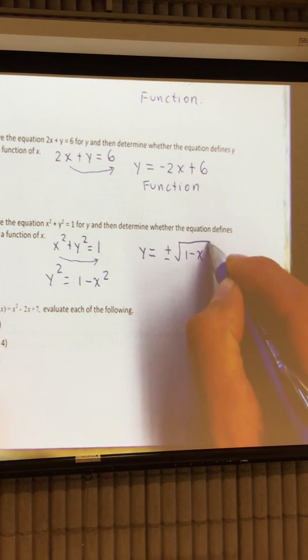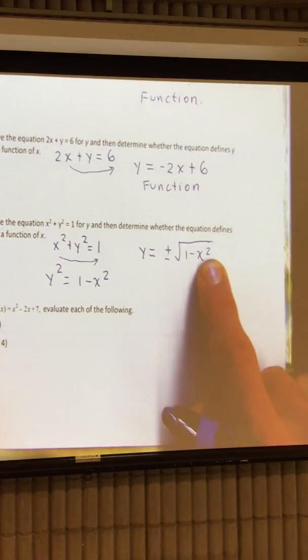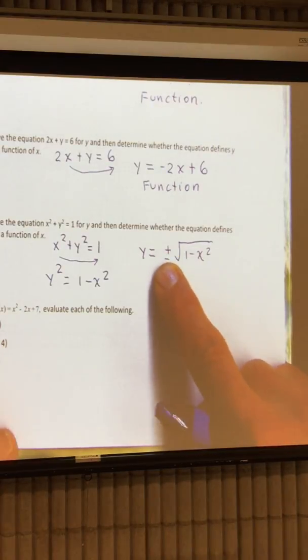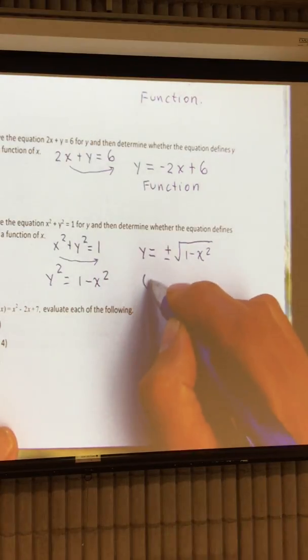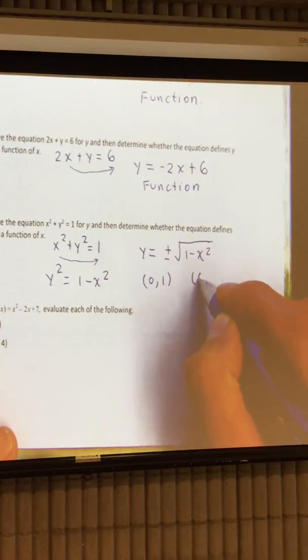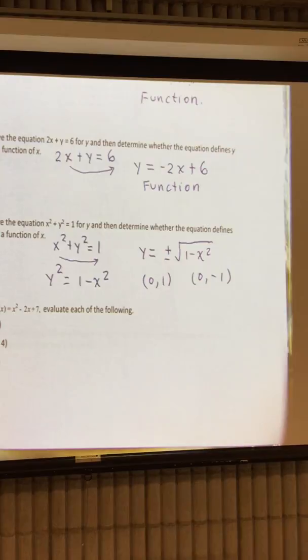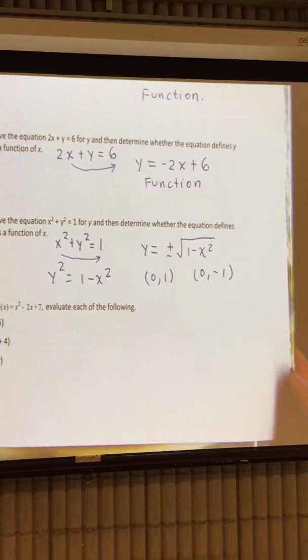And that will be a problem because each value of x, when inputted, will give us two values of y correspondingly. So if x is 0, we'll have an output value of 1. And when x is 0, we'll also have an output value of negative 1. And that makes it double valued. So it is not a function.